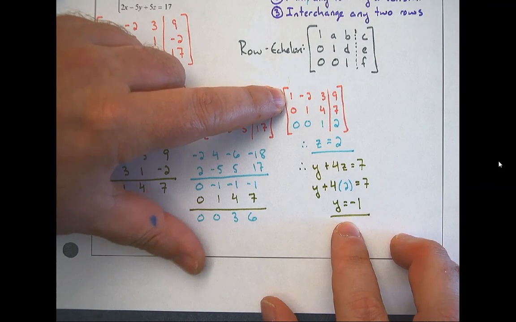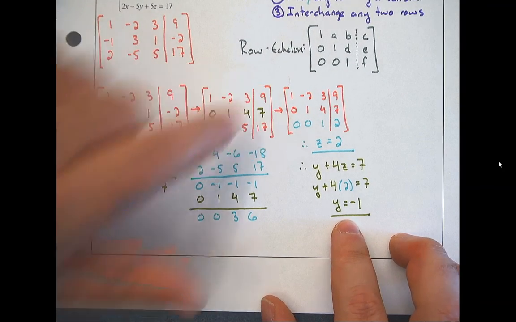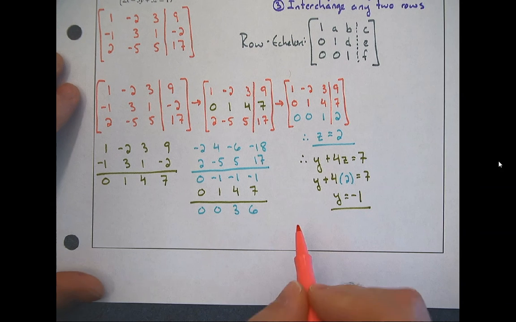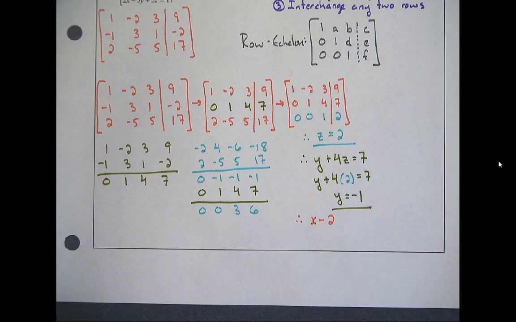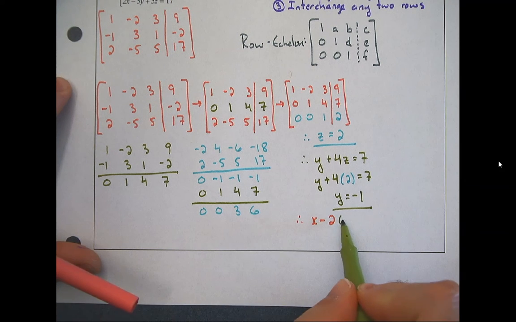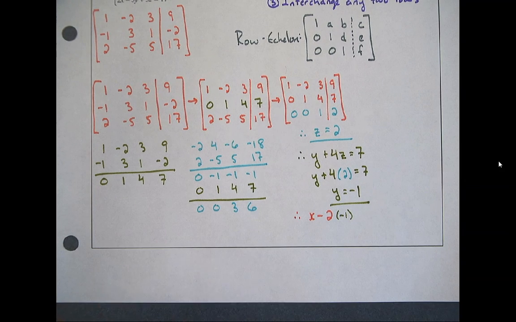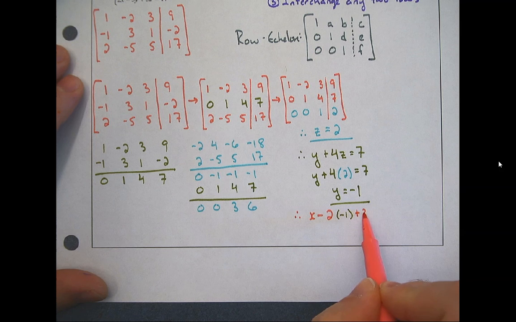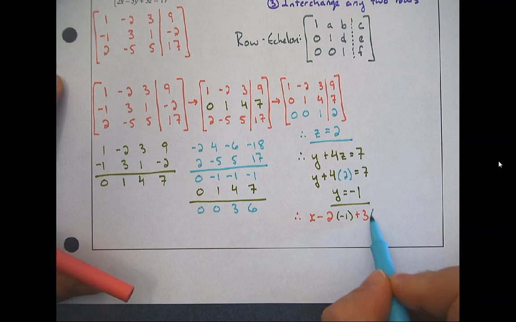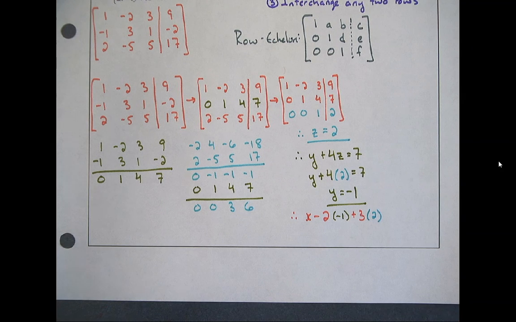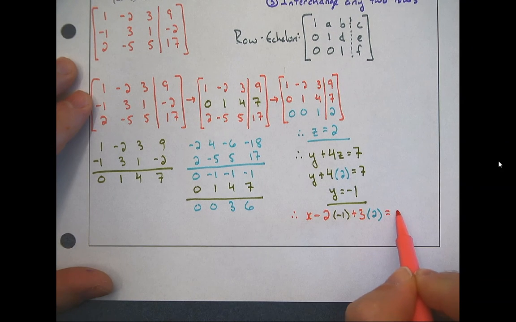Don't forget, this line is x, y, and z. So now I have a whole equation. 1x minus 2 y's, which we just figured out was -1, plus 3 z's, which we just figured out before that was 2, is equal to 9.